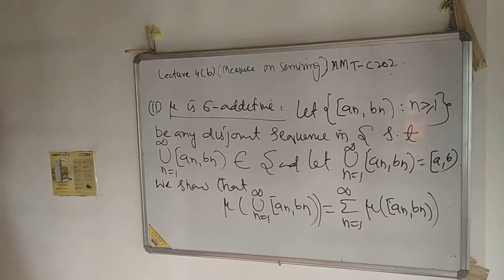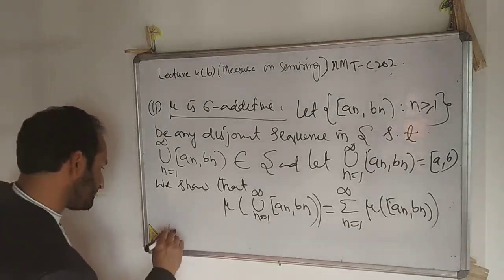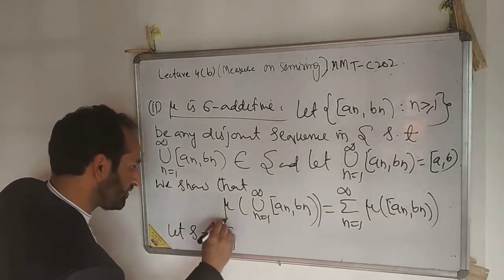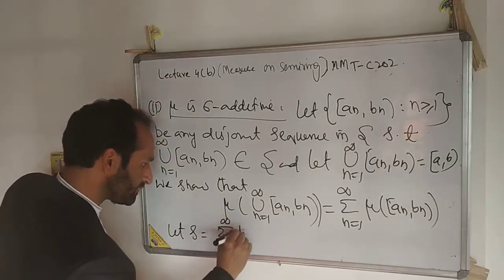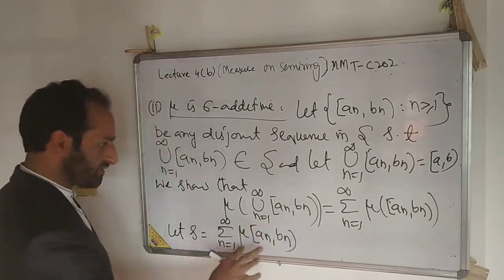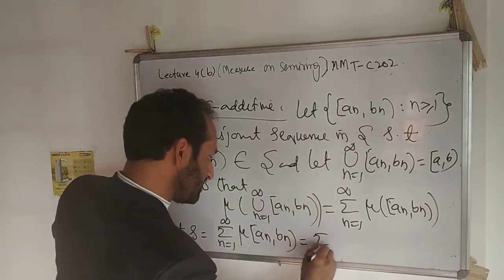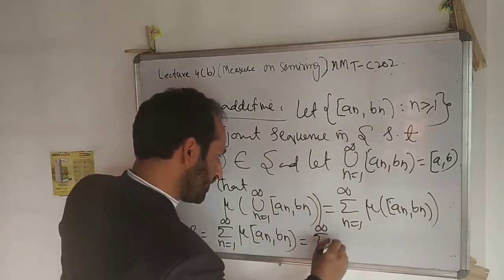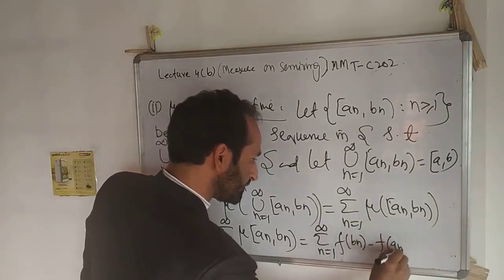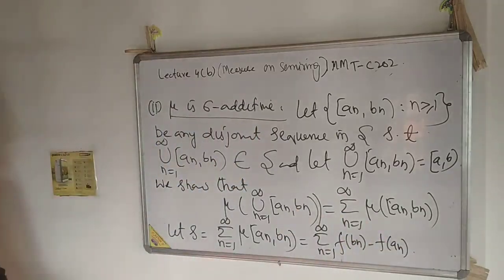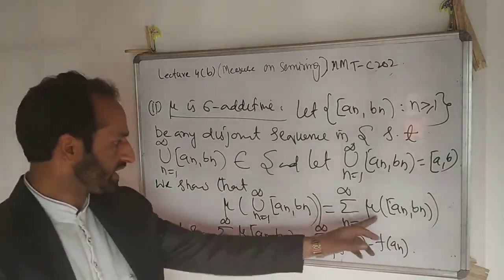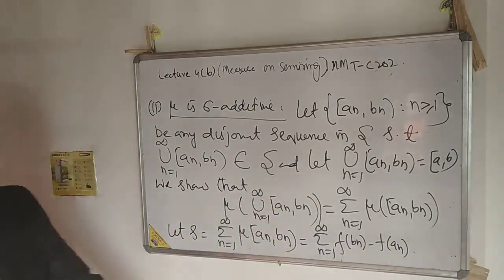Now we make the following notation: let S be equal to the summation, n running from 1 to infinity, of mu of (a_n, b_n], and by definition of mu it is equal to the summation, n running from 1 to infinity, of f of b_n minus f of a_n. So S is equal to that sum, and we show that S is equal to mu of that union.